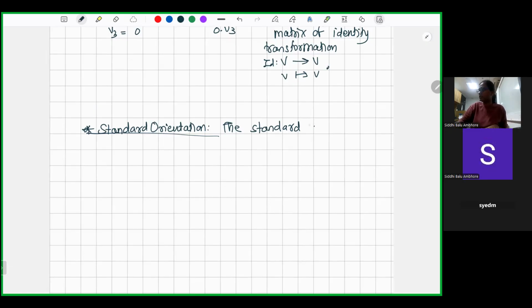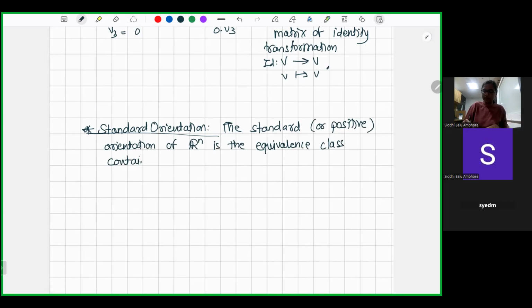So this standard or positive orientation of Rn is the equivalence class containing the standard basis E1 to En.